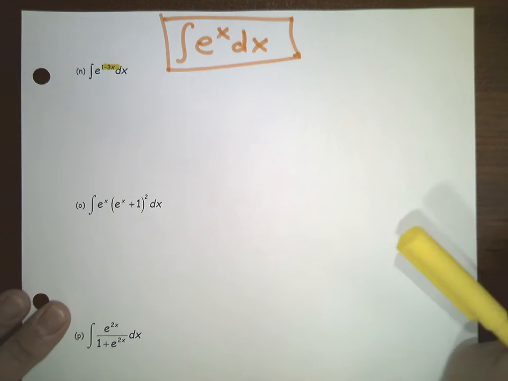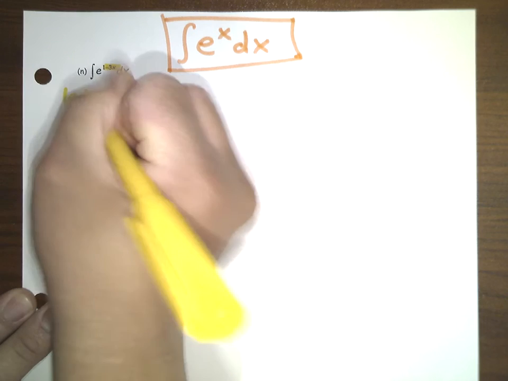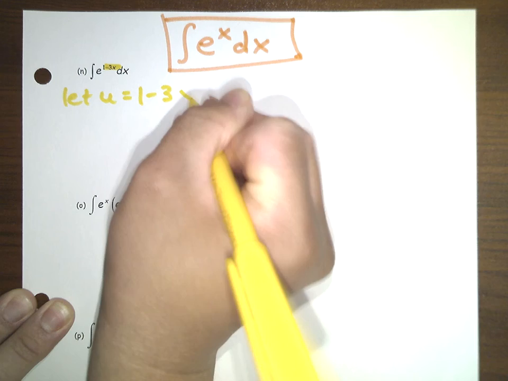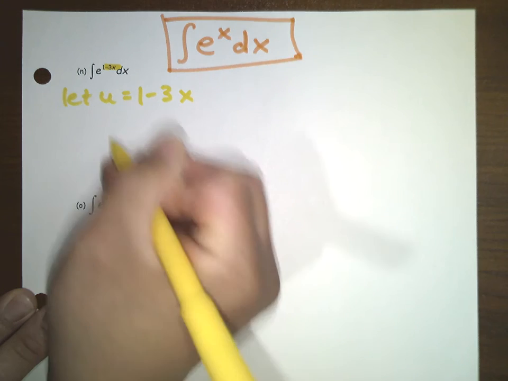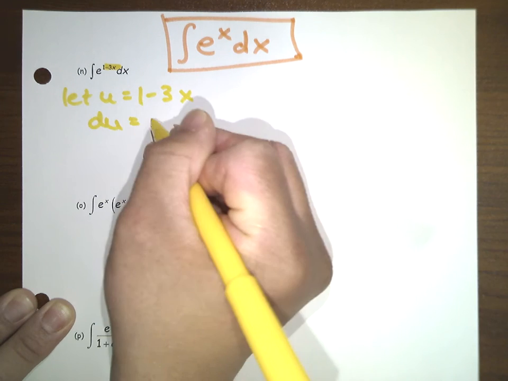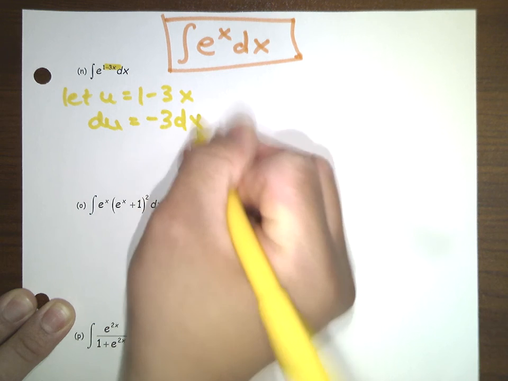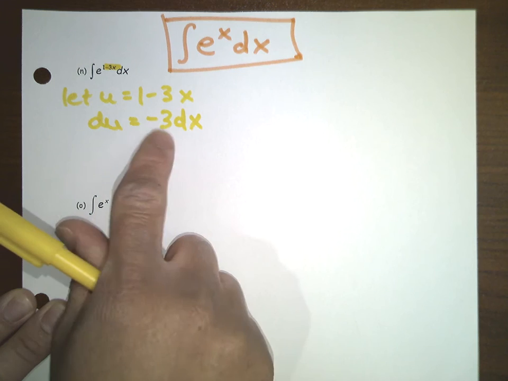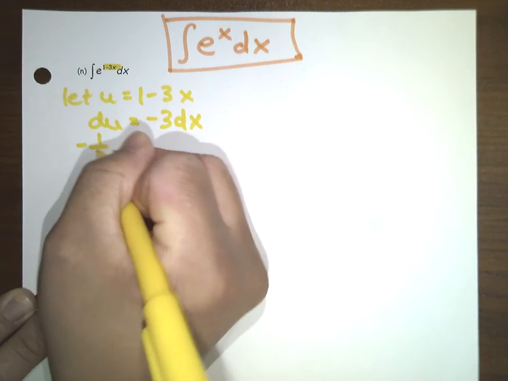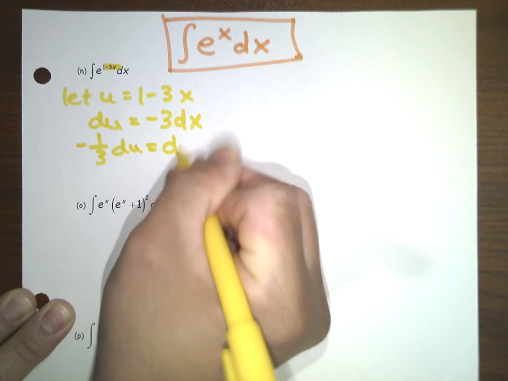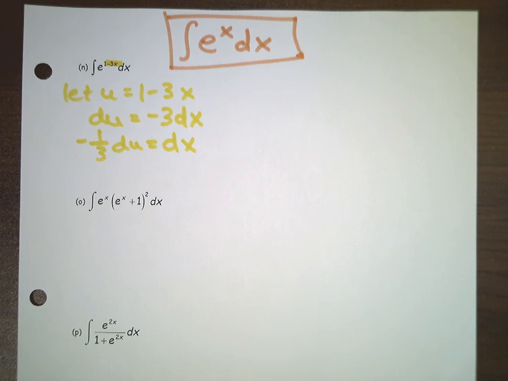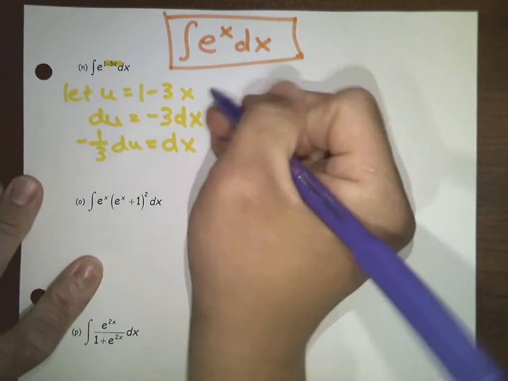All right, so I'm going to let u be 1 minus 3x, and in this case, du is going to be negative 3 dx, and then I'll divide by negative 3, which will give me negative 1/3 du is dx, and I can go ahead then and just do the substitutions just like before.